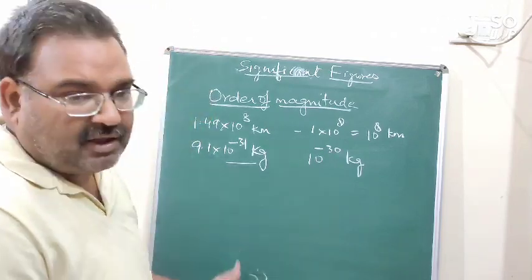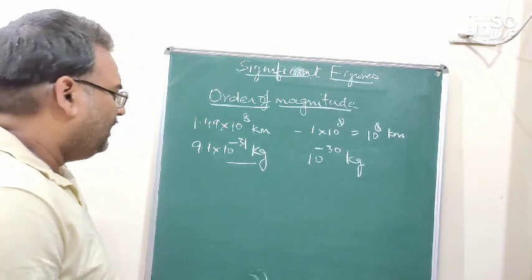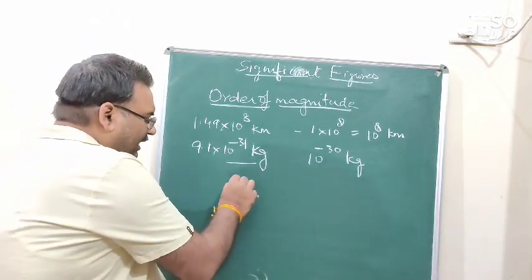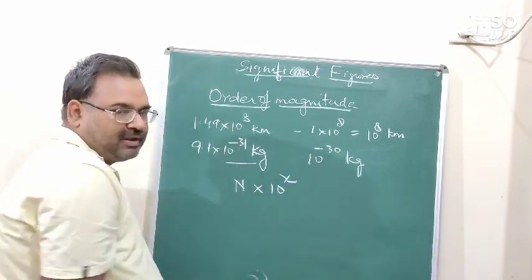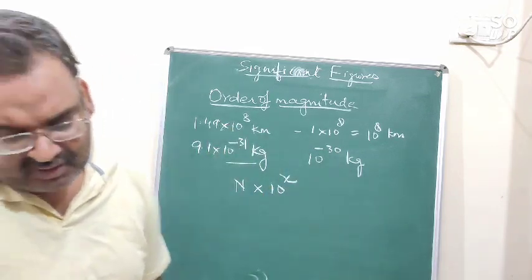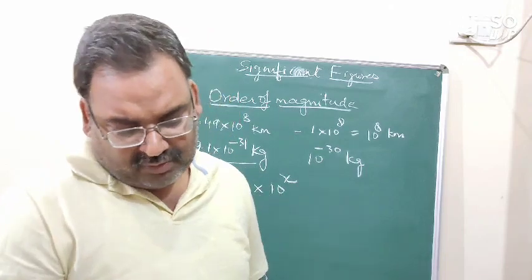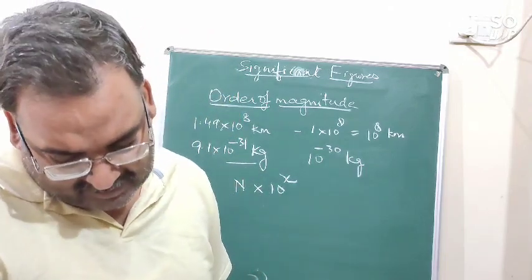अब इसको समझते हैं, ये कैसे हुआ. Let us take any physical quantity n into 10 raised to power x. We have taken any number which is written in the form n into 10 raised to power x.